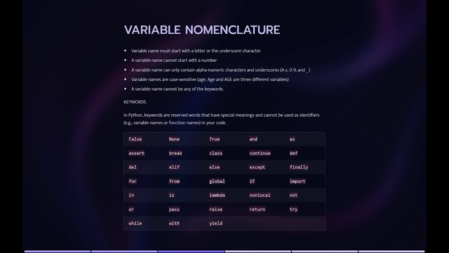If you're wondering what keywords are, keywords are special reserved words that cannot be used as identifiers in your code. Identifiers refer to variable names or function names. In simple words, keywords are like command words in a secret code between you and Python.